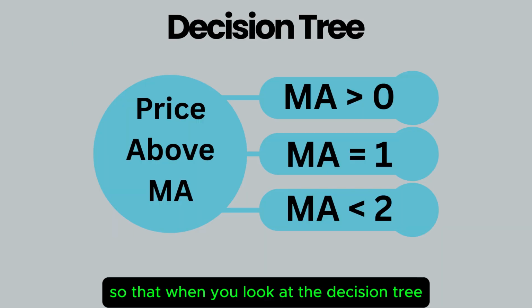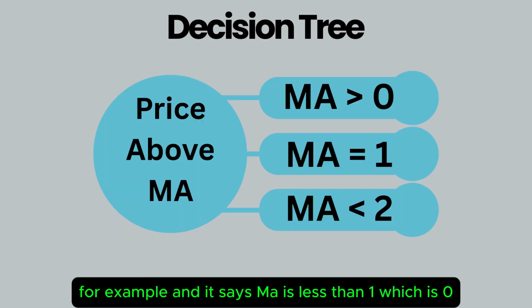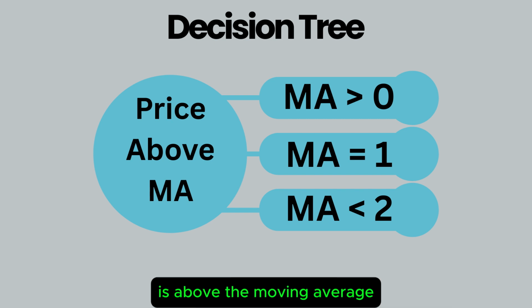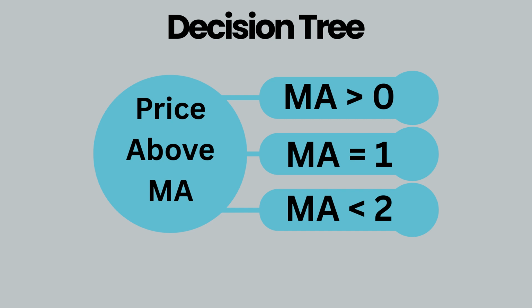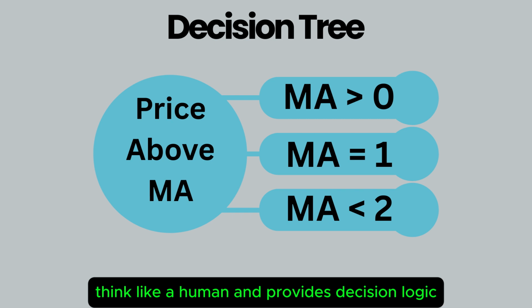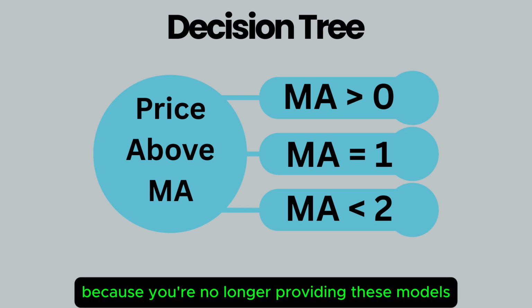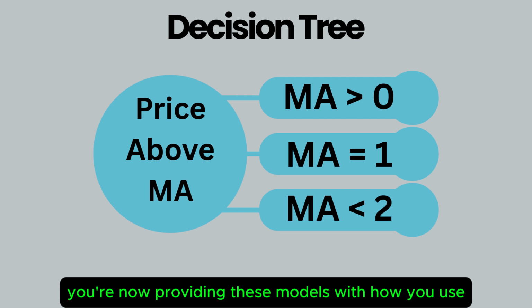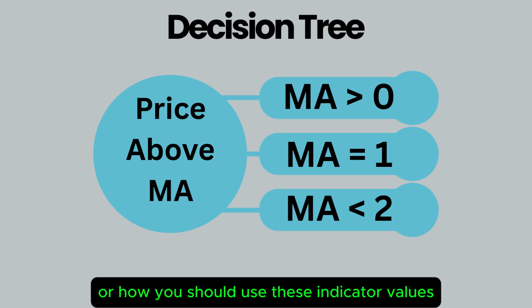So that when you look at the decision tree and it says MA is less than 1, which is 0, you know that it's talking about scenarios where the price is above the moving average. Now this helps the machine learning model think like a human and provides decision logic, because you're no longer providing these models with the indicator values. You're now providing these models with how you use, or how you should use, these indicator values.